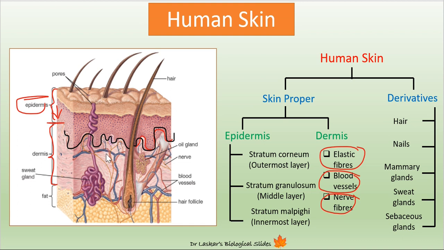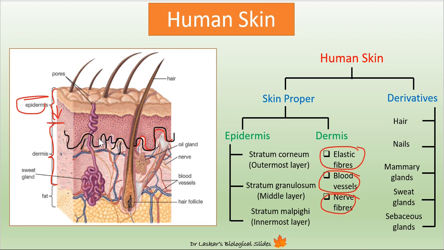The end parts of the nerve fibers and the blood capillaries are connected with this portion, which lies next to the epidermis, and it is the front part of the dermis, called the papilla.